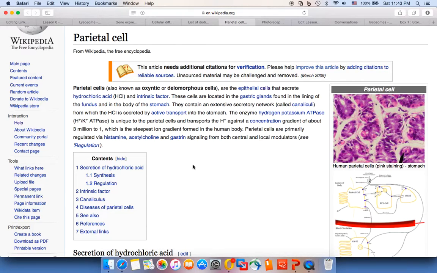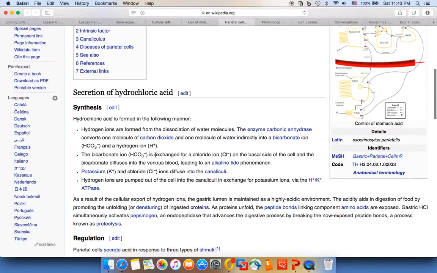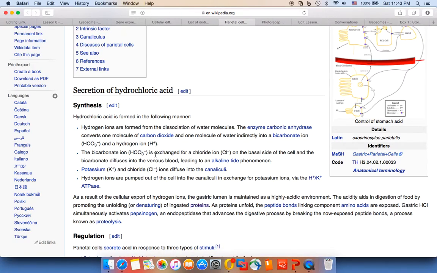So it basically makes one side of the membrane of the cell a lot more acidic than the other, and that is one of the ways that it can produce the hydrochloric acid that it then releases into the stomach. And the hydrochloric acid is basically used to digest things and break down the food that we eat.